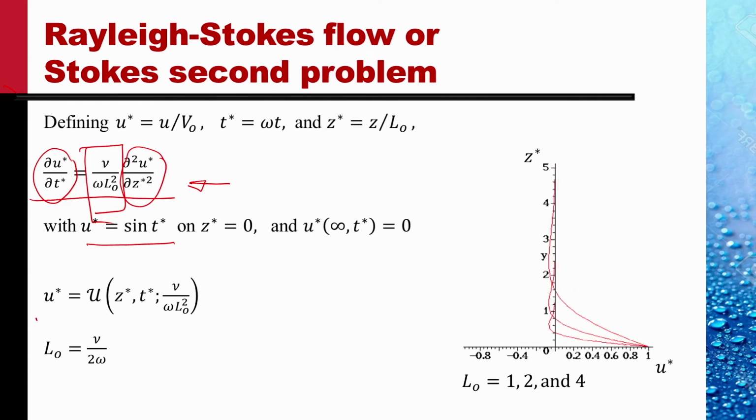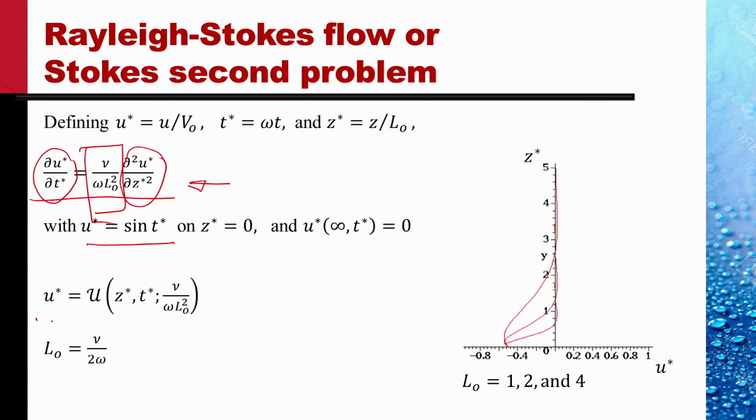The curve that moves the lowest has the largest value of omega, that is the fastest variation. So the penetration is small. The effect goes only up to about this height. So L naught can be interpreted as the penetration depth of the effect of the motion of the base plate into the fluid.